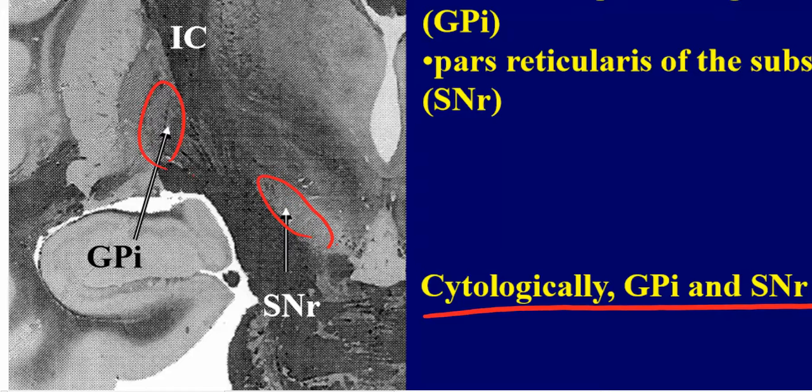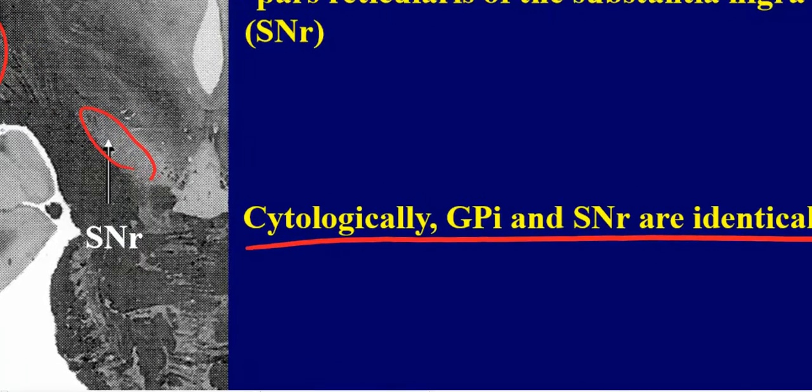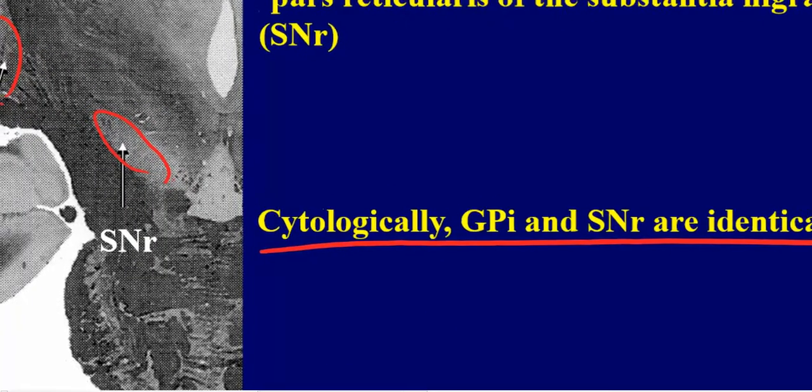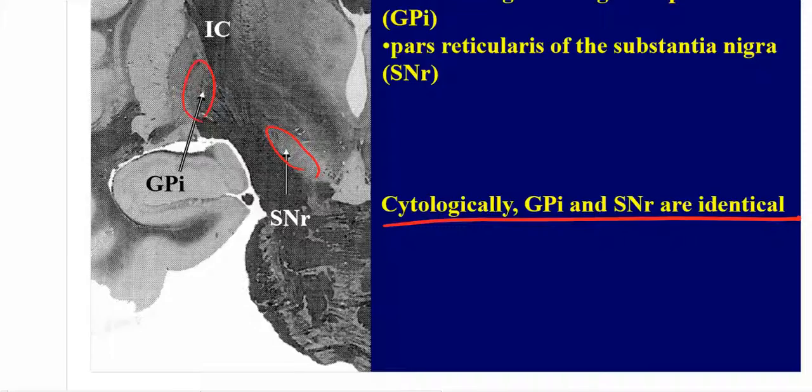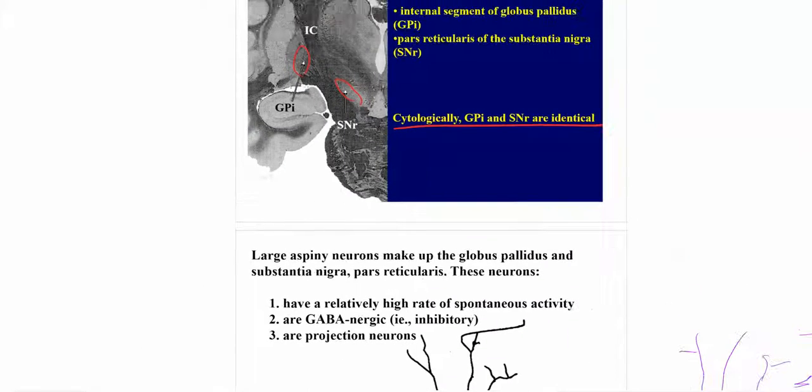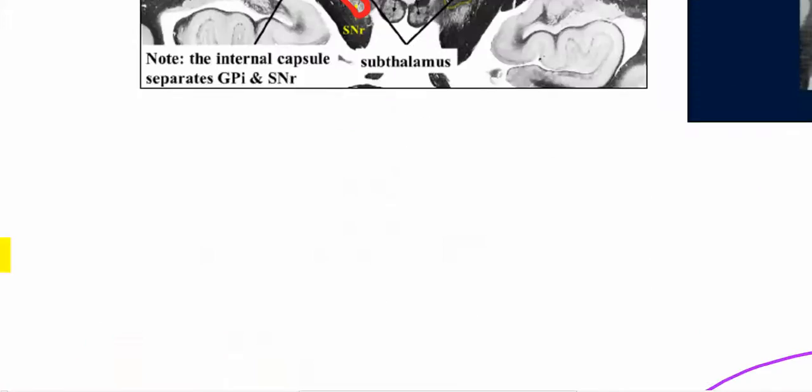All right, and so remember, we saw two things that were cytologically similar with the striatum, right? So we saw the caudate nucleus and the putamen, that they had the mosaic pattern. Remember? And now we're seeing the GPi, the globus pallidus interna, and the substantia nigra reticulata being cytologically identical. So that's going to be related to their function, right?